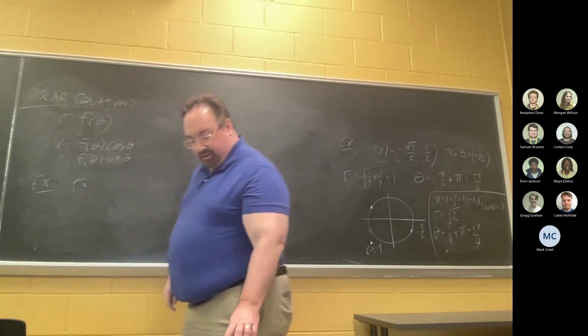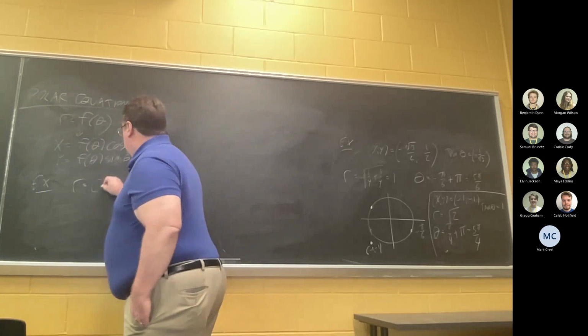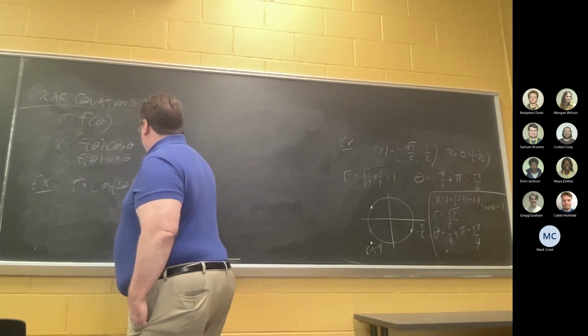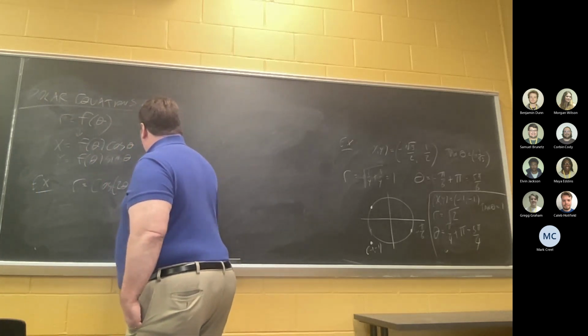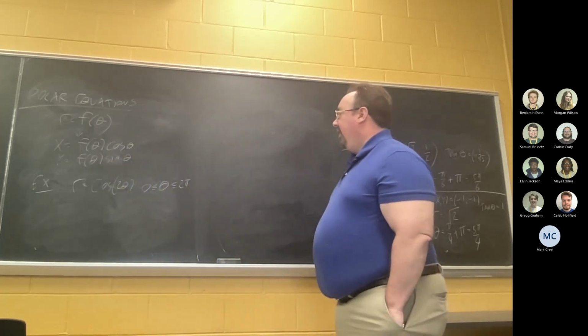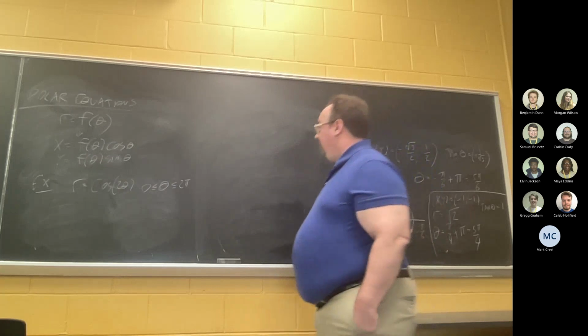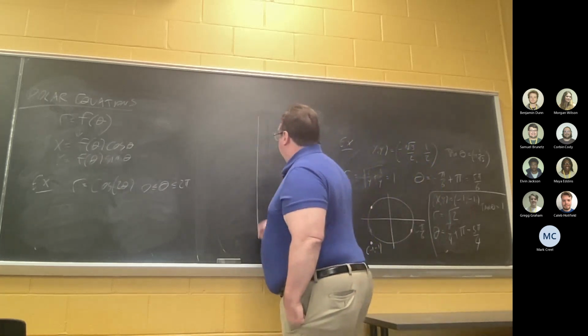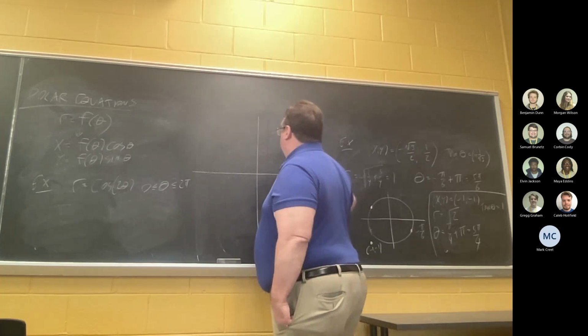So your polar equation is r equals cosine of 2 theta. Let theta run from 0 to 2 pi. There are two ways you can think about this.